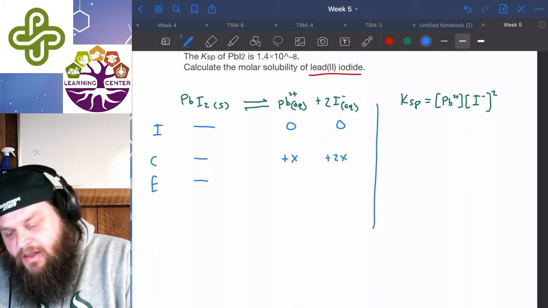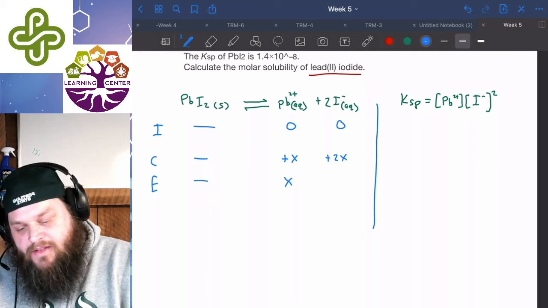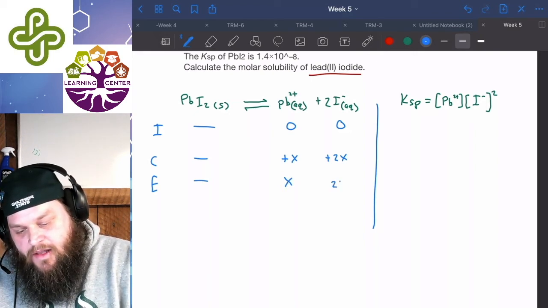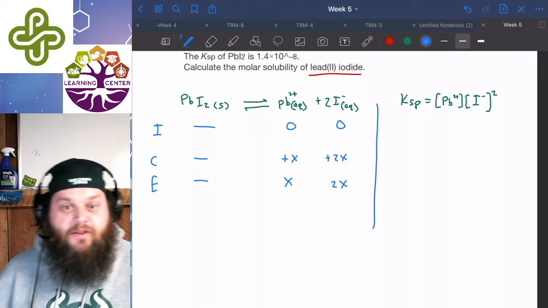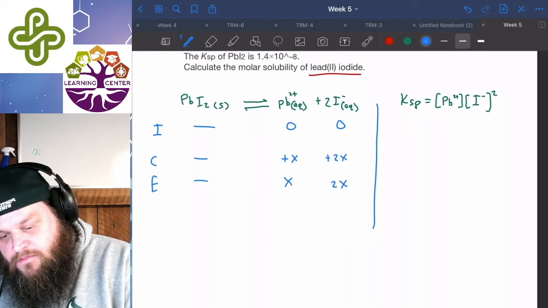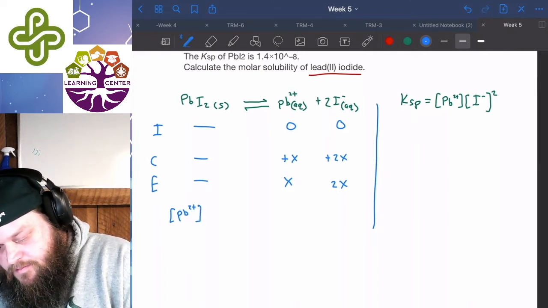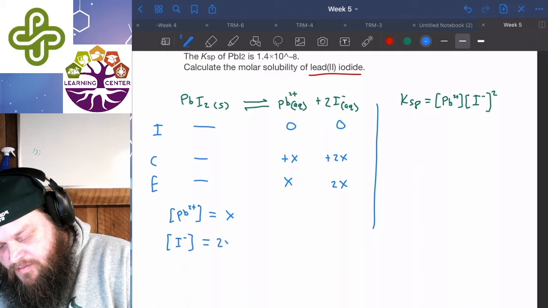So at the end, the concentration at equilibrium of the lead is going to be X, and the concentration of the iodide is going to be 2X, twice that value. I can write that down here: Pb 2+ is going to equal X, and the concentration of iodide is going to equal 2X.